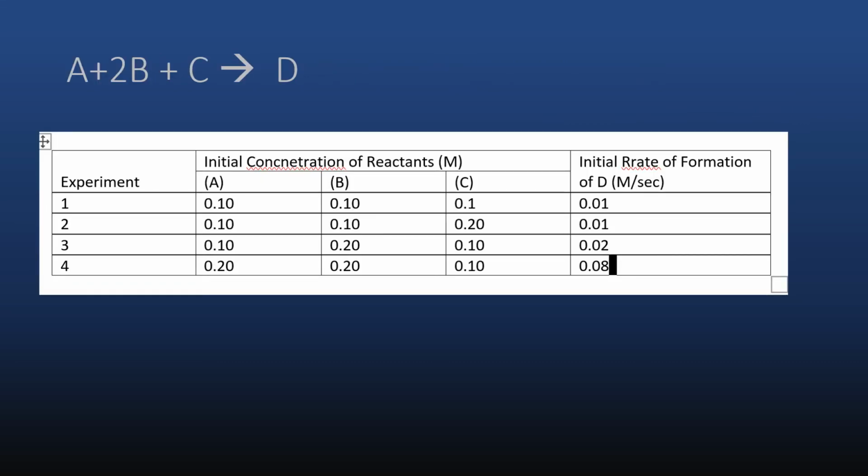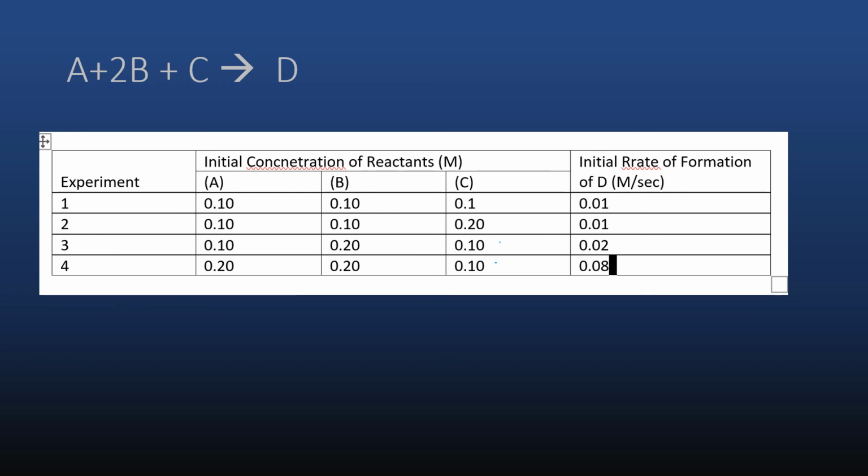Okay, so in this reaction, if we wanted to know the order for each of the components, then we are going to look at each one separately. So if we're looking at A, 10 to 20, you want to find where B and C stay the same between 20 and 10. So here 20 and 20 and 10 and 10.